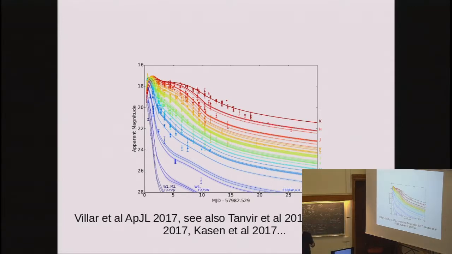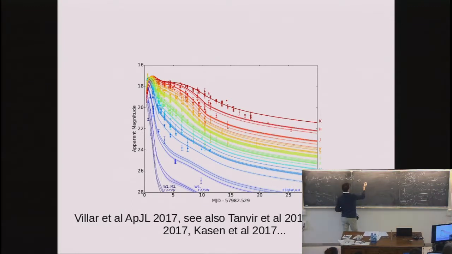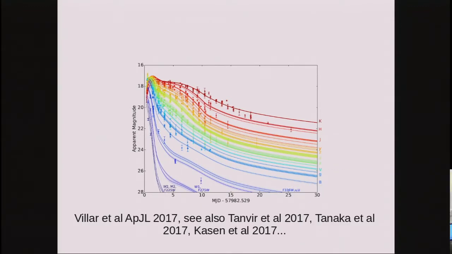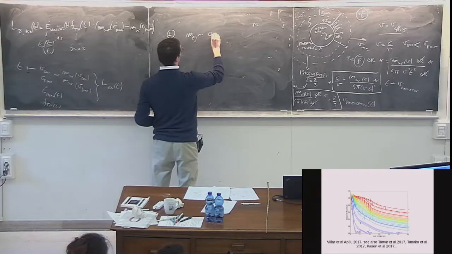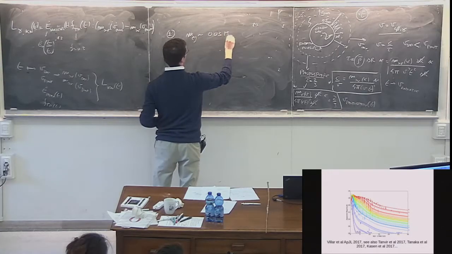What is the take-home argument? What is robust from this observation? What does this observation tell us? To me, and this is the last thing that closes the school, don't worry, there has probably been a certain ejection of matter. If you sum all the components, you need something of the order of 0.05 solar masses.